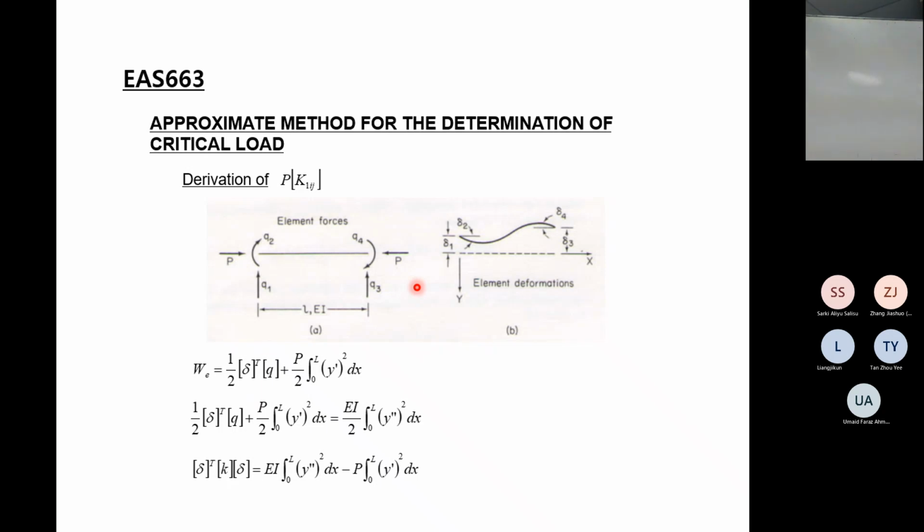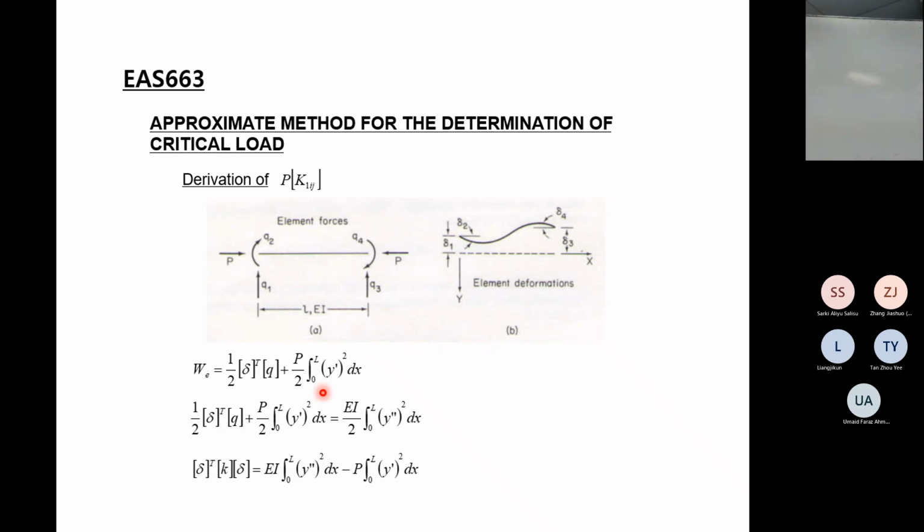So this second term here represents the work done by this constant axial force because of the bending of the member. If you pay attention to these terms, it is very similar to the one that we use in the Rayleigh-Ritz method. Only thing, in the Rayleigh-Ritz method, we take this with a negative in front as the potential energy of the axial force.